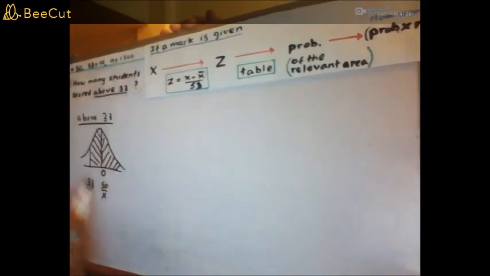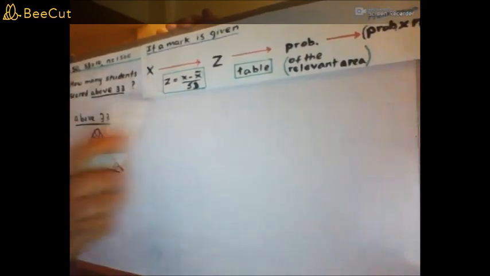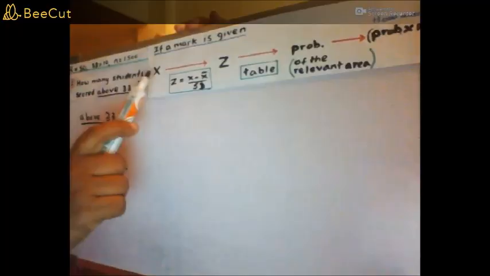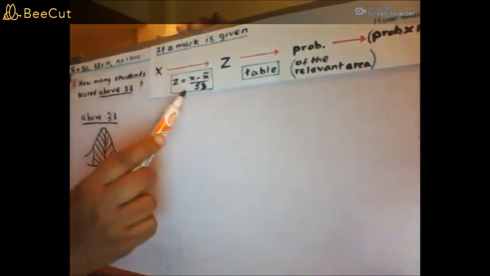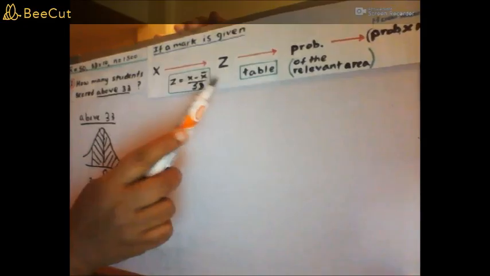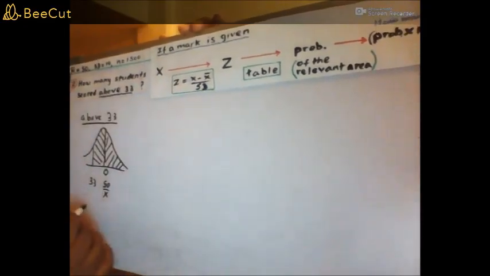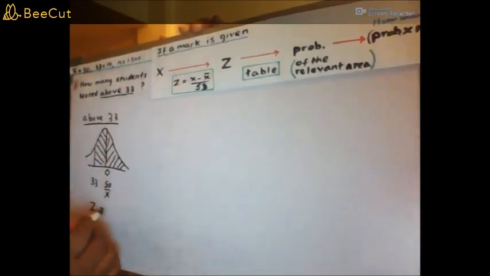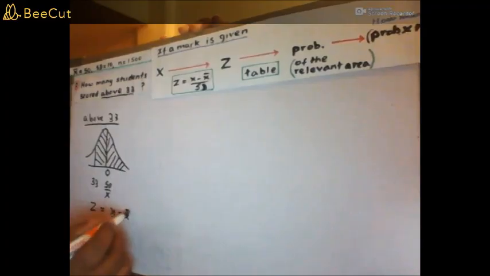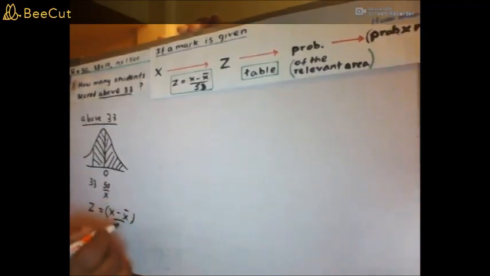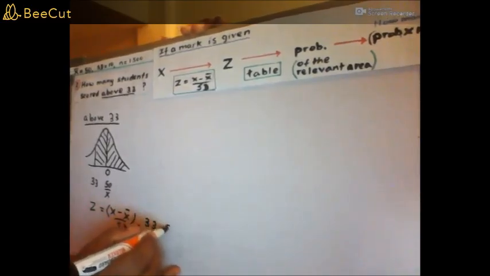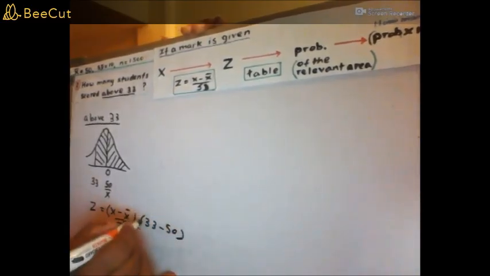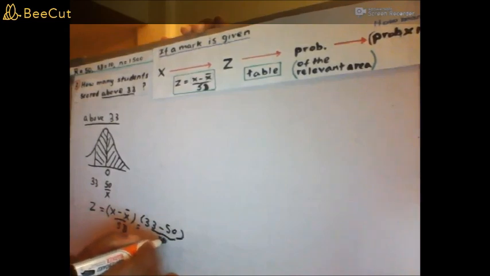Now, we have drawn the curve. Then go to this one, the root. We know x, 33. Then, by using this formula, we'll have to find the z value. Write the formula. Sometimes you'll get marks for this, right? X minus x bar divided by SD. So, x is 33 minus 50 divided by 10.